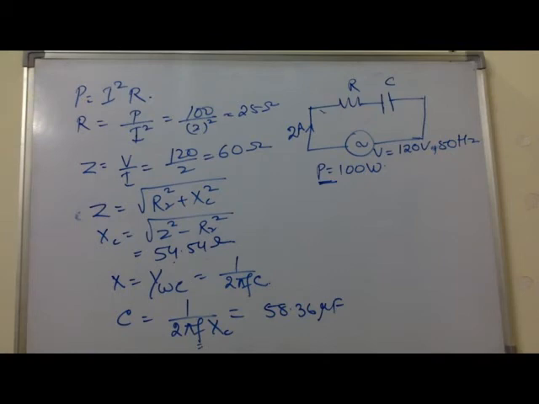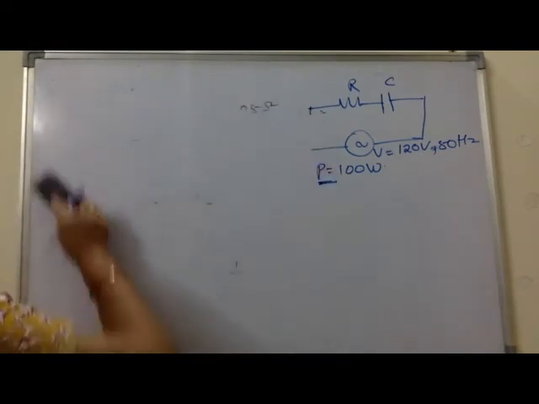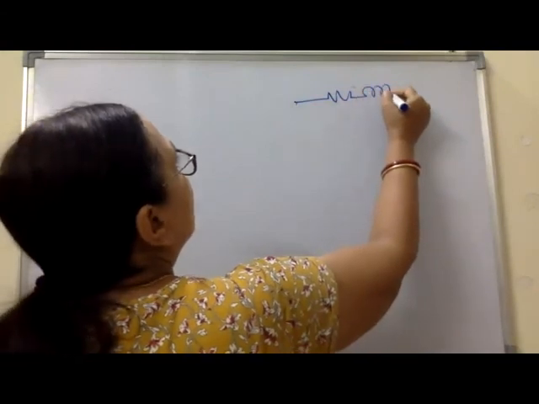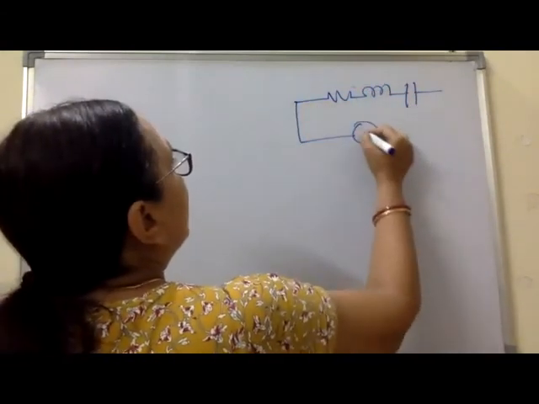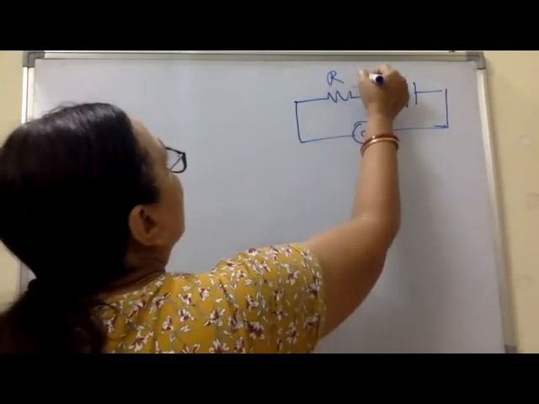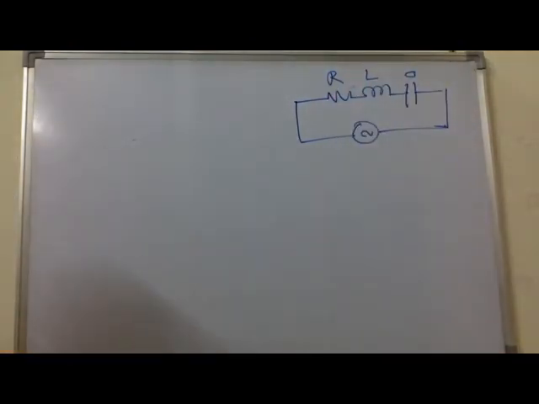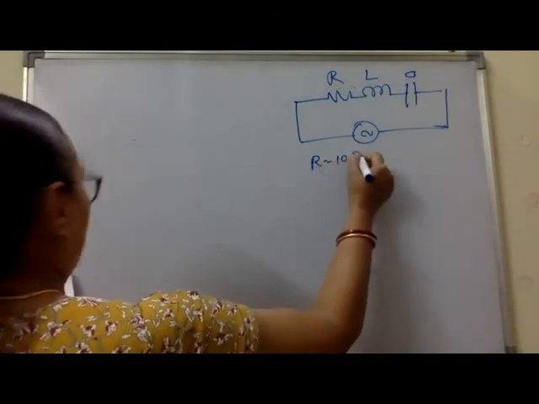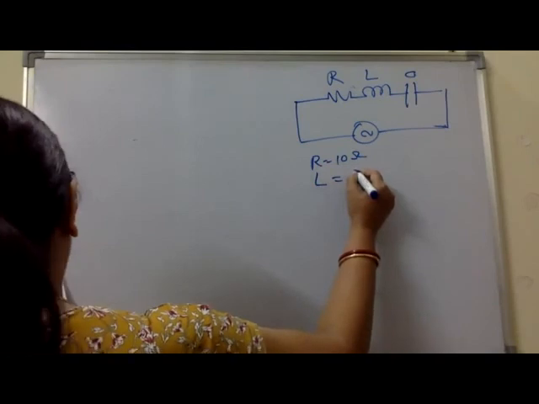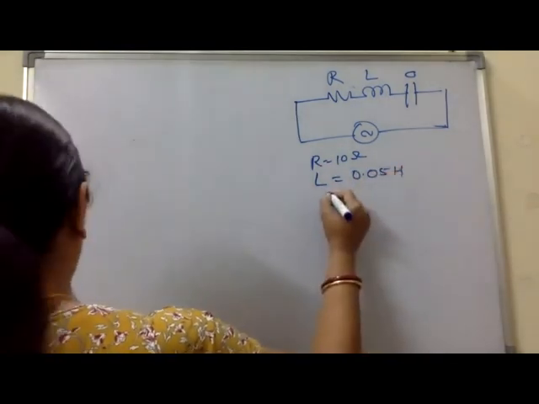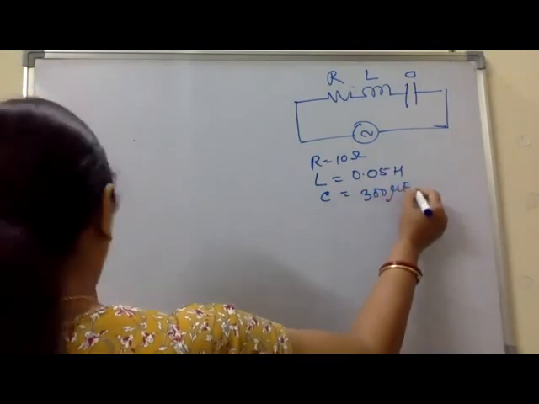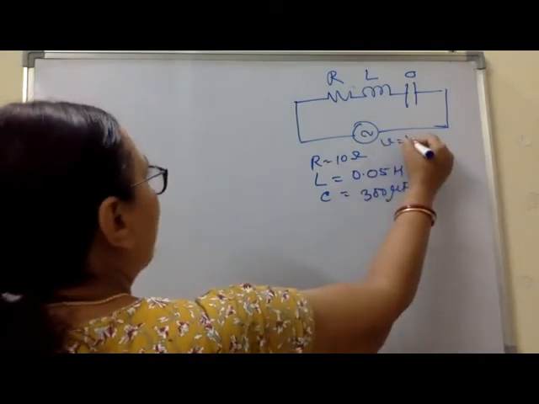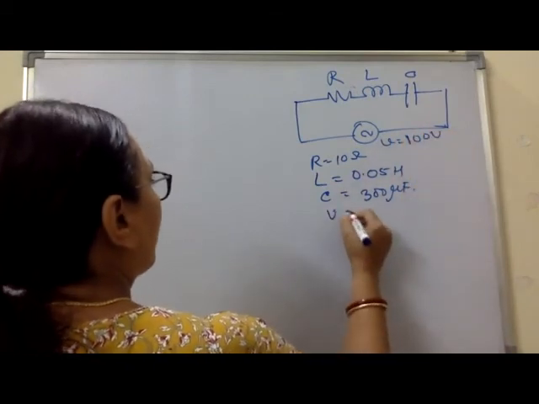Now the last example I'll take is for the RLC circuit. You have got series R, L and C. The given parameters are R is equal to 10 ohms, L is equal to 0.05 henries, C is equal to 300 microfarads, and the applied voltage V is equal to 100 volts.